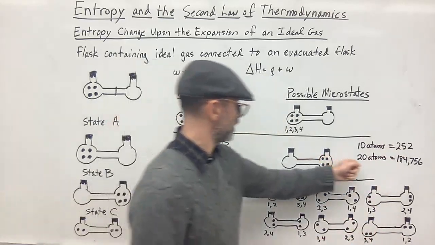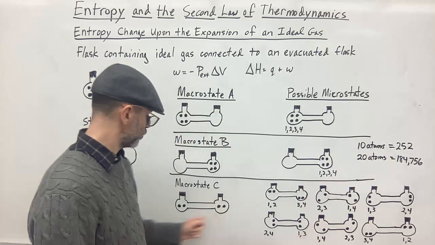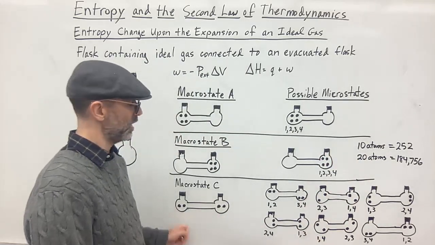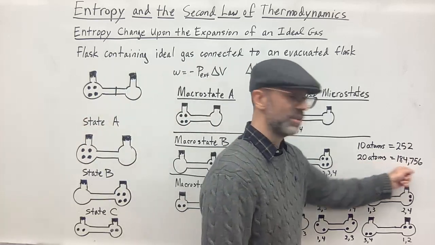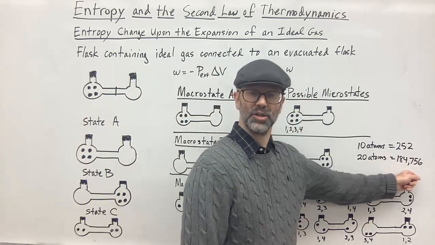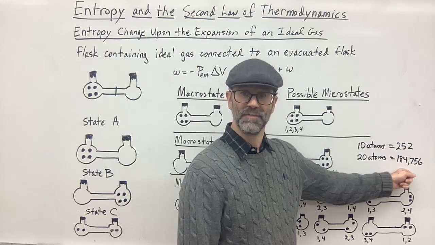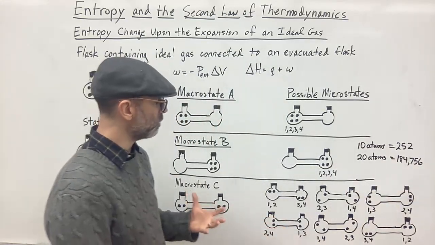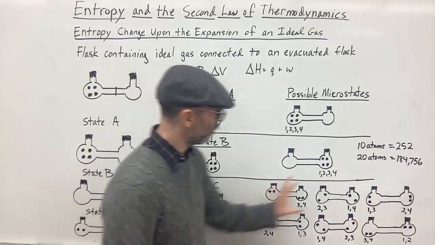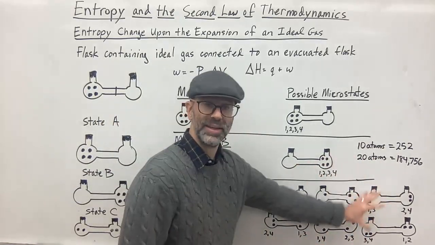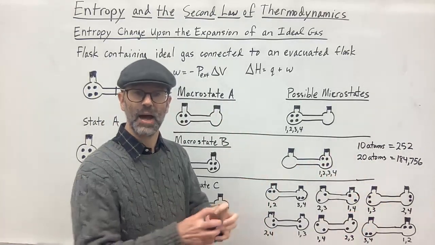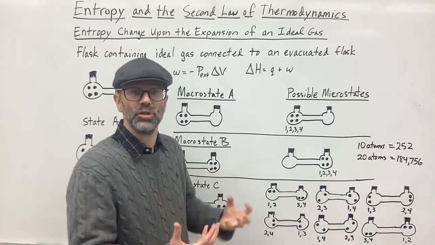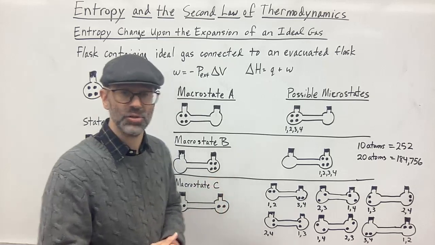If we increase that to 20 atoms, where the 20 atoms are divided evenly between the two flasks, then that would increase the number of microstates to 184,756, right? So as we grow the number of particles, the probability of winding up where the gas is evenly spread out or evenly divided between the two flasks grows by a huge amount.